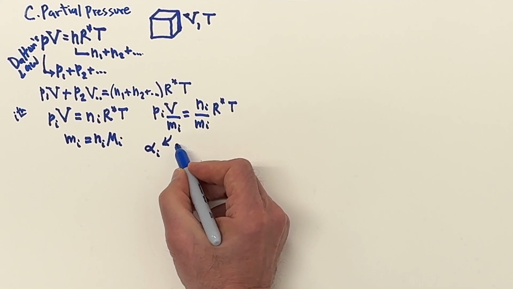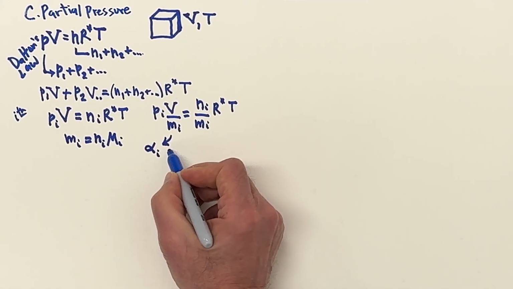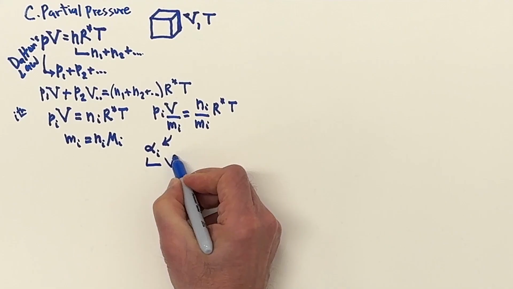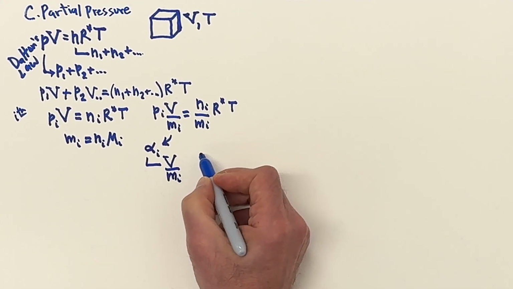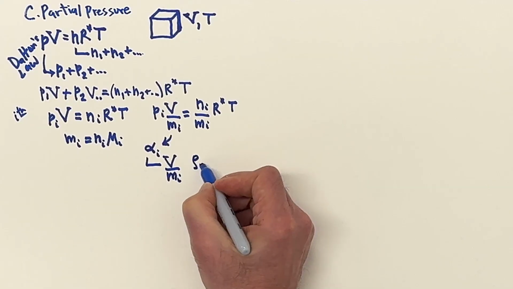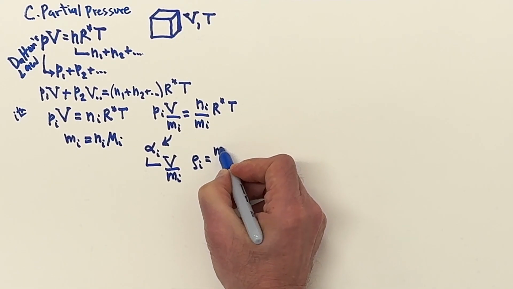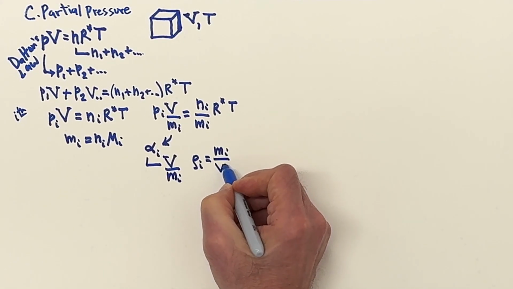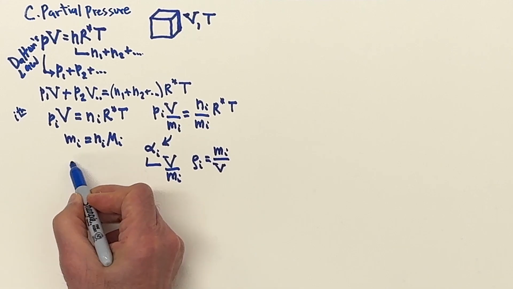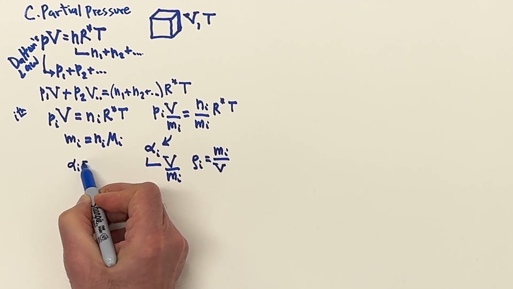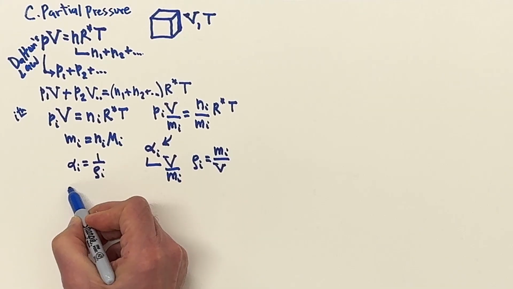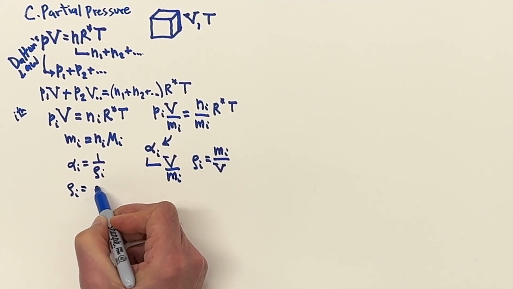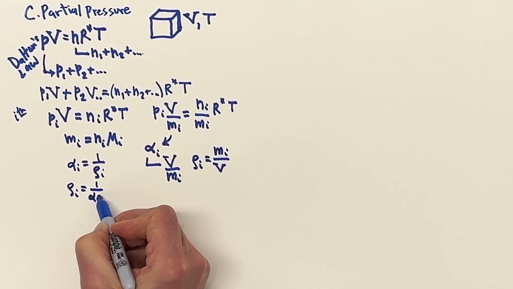And also notice that the density is the mass divided by the volume. So we have the nice relationship that alpha equals 1 over rho, the density, and the density is 1 over alpha.